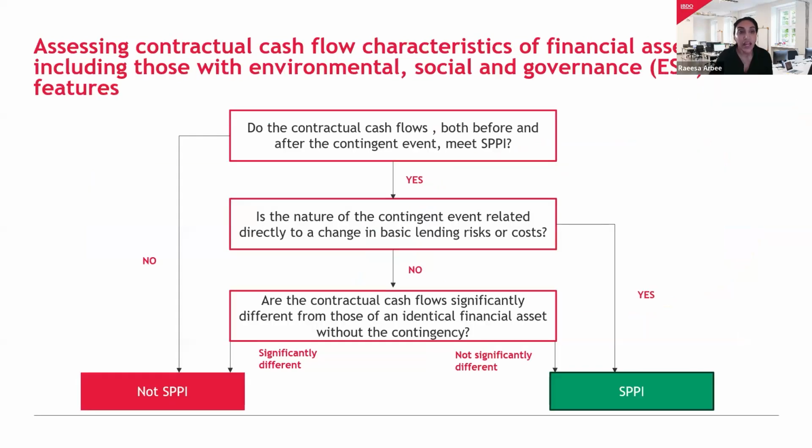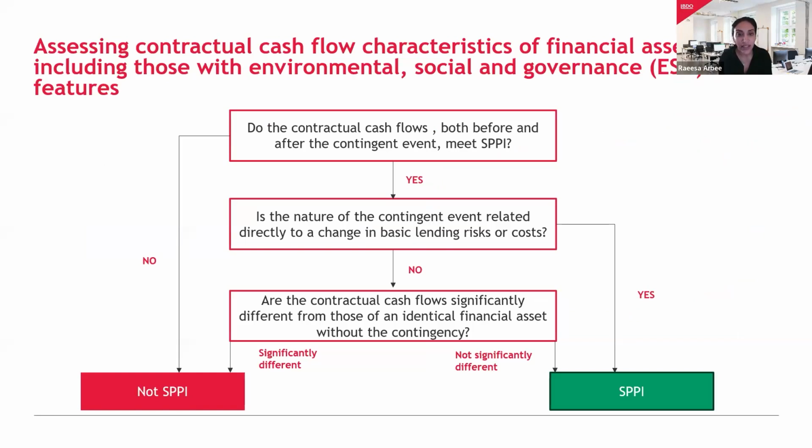Okay. So why is an amendment required for these types of instruments? Under the existing IFRS 9 guidance, we perform our SPPI test, or our solely payments of principal and interest test. And that really tells us, can we measure a financial asset at amortized cost? Or if we fail that test, we have to measure it at fair value. So it's quite significant.